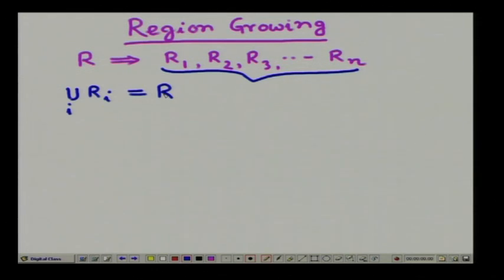The second property is that the region R i should be connected. We have defined earlier what we really mean by a connected region.